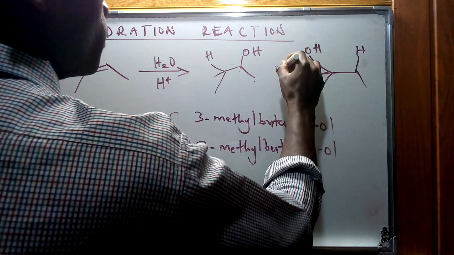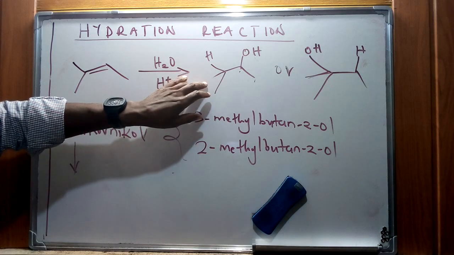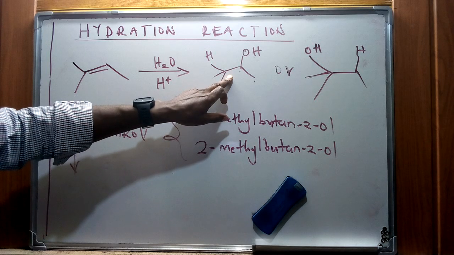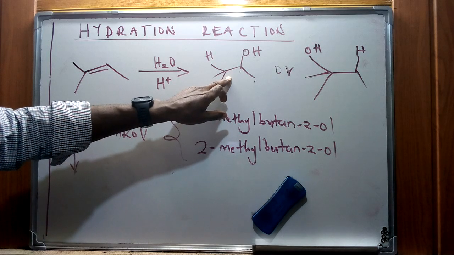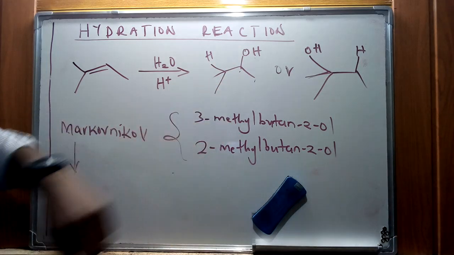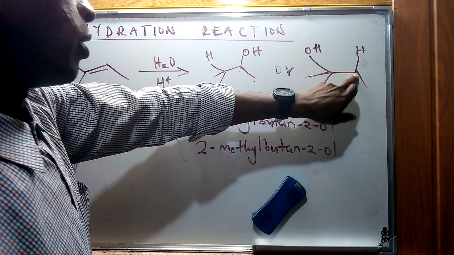So in this case, Markovnikov's rule is considering the case whereby this reaction is taking place, and trying to give a priority where the OH group is going to be attached. It states that the proton is going to be attached to the carbon with fewer alkyl substituents.